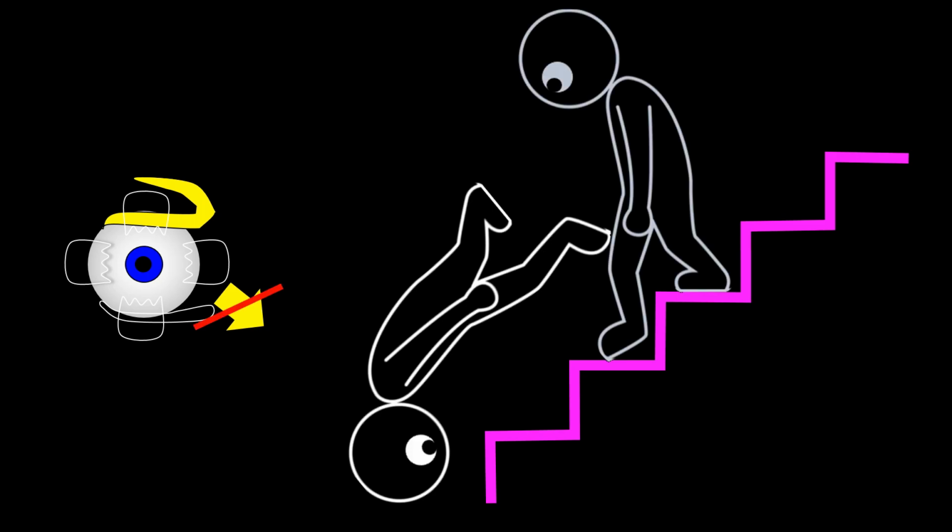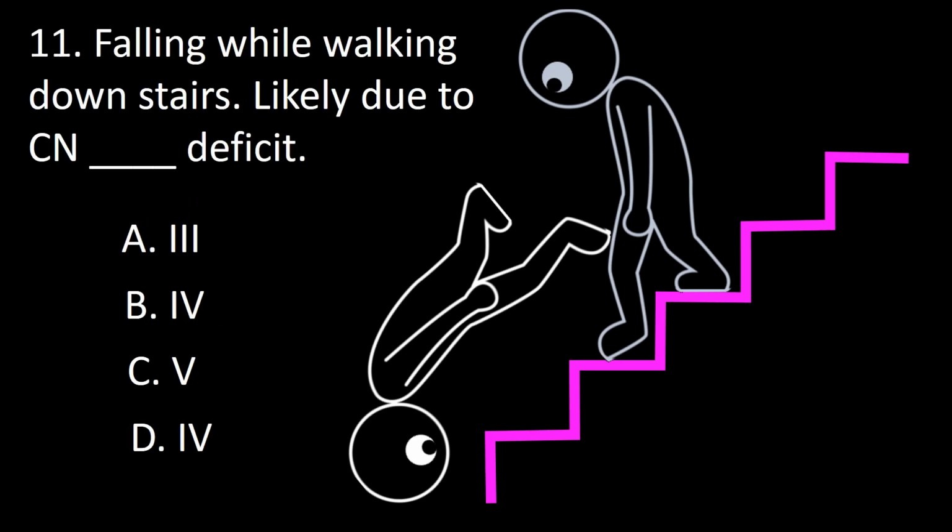When the superior obliques, or at least one of them, is damaged, the inability to look down and in is mainly apparent when the patient walks downstairs. Hence, they tend to fall when doing so. The nerve that innervates the superior oblique is the fourth cranial nerve. So the answer to this question is B.